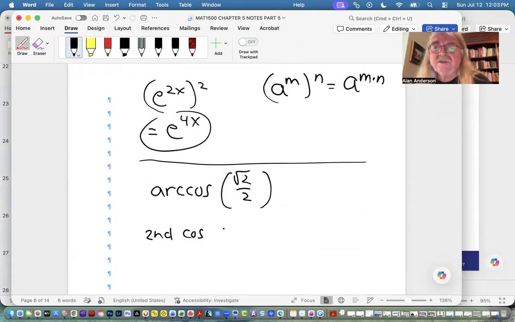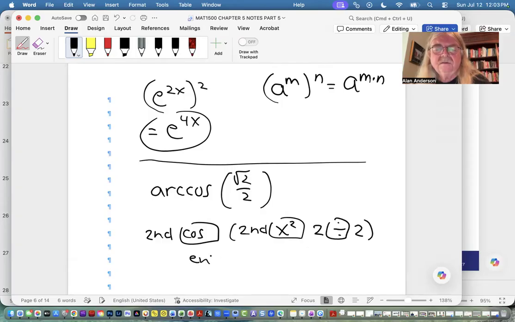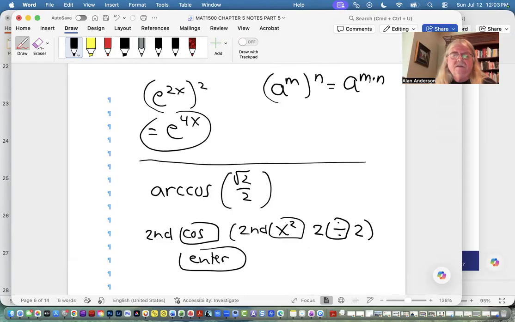Now, by the way, don't forget it does have a square root button, open parentheses, second x squared 2. All right, that should take care of it. But again, here's what you're going to have to do.